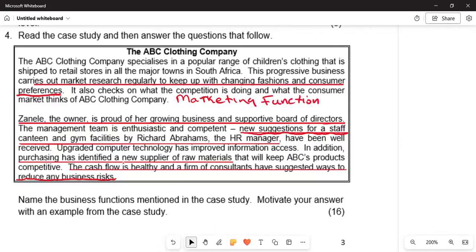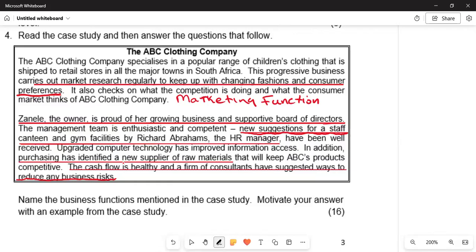Now we can motivate it with that statement, where it says it carries out market research regularly to keep up with the changing fashions as well as consumer preferences. Once it talks about marketing research, it simply talks about the marketing function.